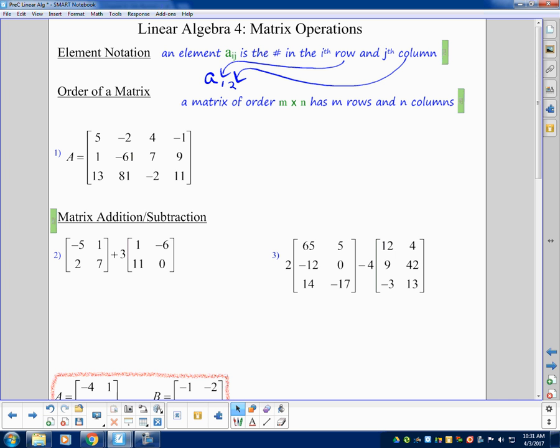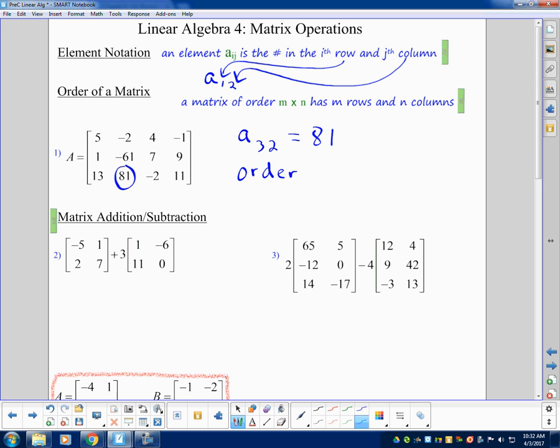So a matrix of order m by n has m rows and n columns. So I asked the question, what is the element A32 of this particular matrix right here? So let's see. If you find the element A32, 81. Yes, it's the third row, 1, 2, 3. Second column. So that is 81. And then I asked the question, what is the order of A?